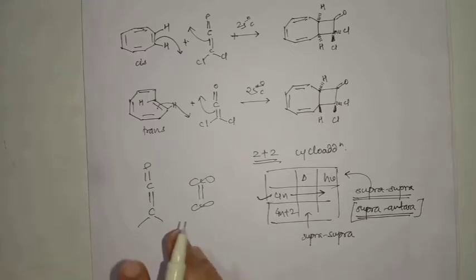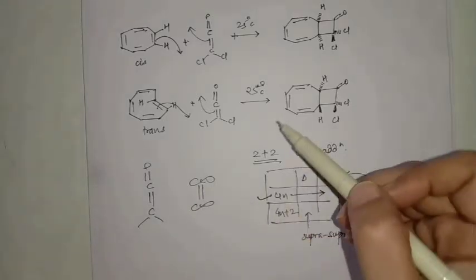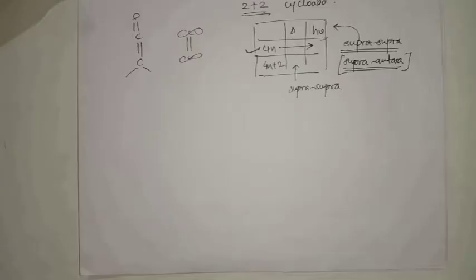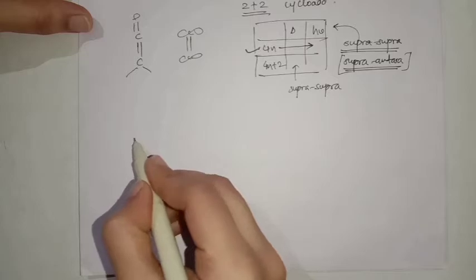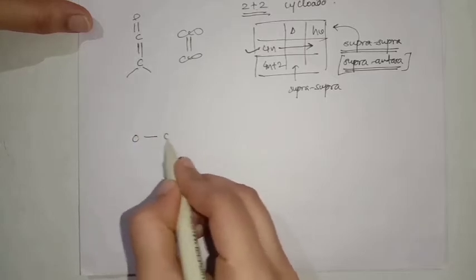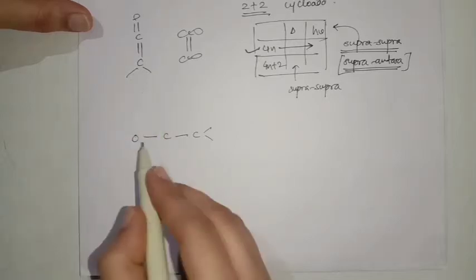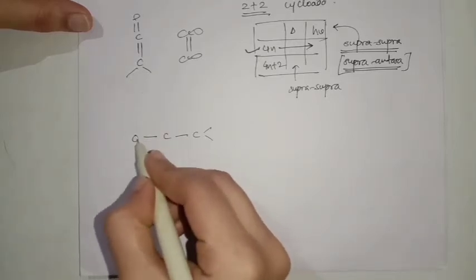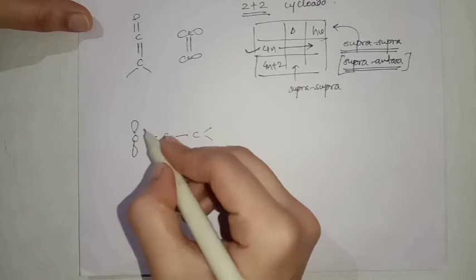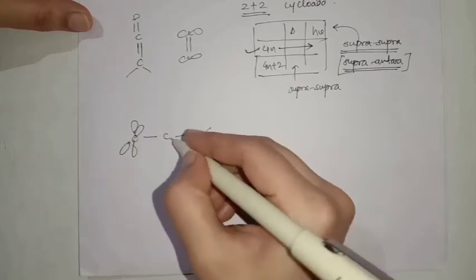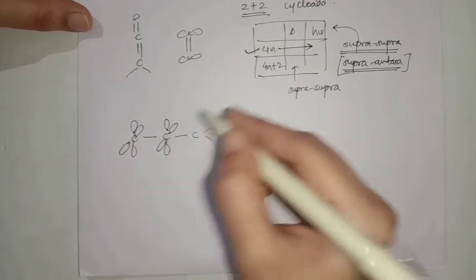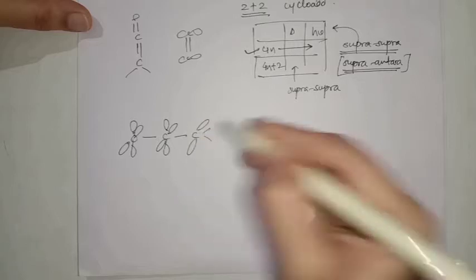But in case of ketene, there is one change which allows this ketene to react like this. Suppose we have this molecule, oxygen, carbon, and there are 2 substituents at carbon. Now this oxygen has 2 p orbitals, right? And this carbon also has 2 p orbitals, and this carbon has 1 p orbital.